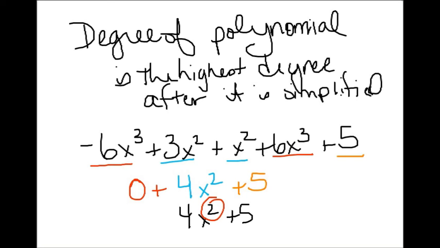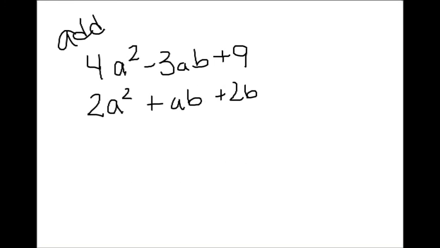So now that we know what polynomials are and how to describe them, let's look at actually working with them. What if I want to add these two polynomials, 4a squared minus 3ab plus 9, and 2a squared plus ab plus 2b?